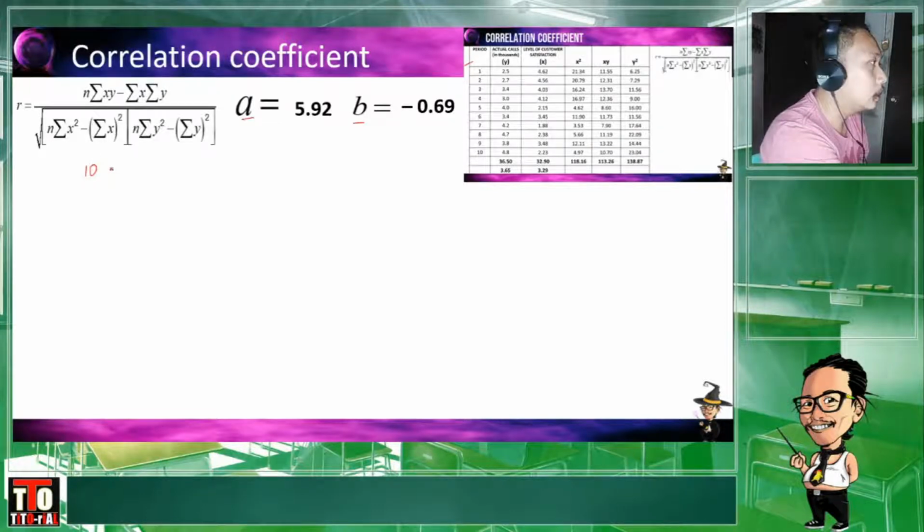Tapos, meron tayong summation ng x, y. So, eto siya. Summation ng x, y. So, 10 times 113.26. Ayan. Minus summation ni x, na-establish na natin yan, 32.90.